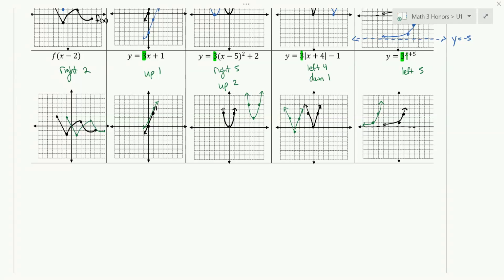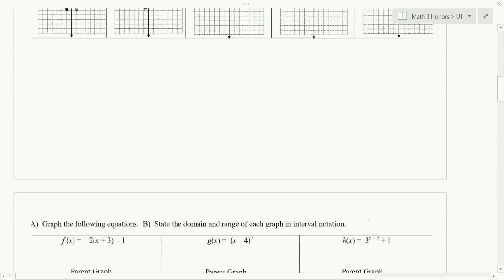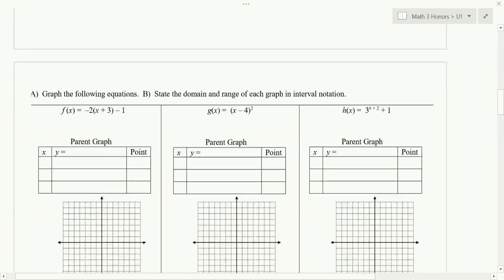The 3 determines some part of that width. This one is the slope, again, of the right side of the V shape. Here, this 3 determines just how quickly we're increasing exponentially.